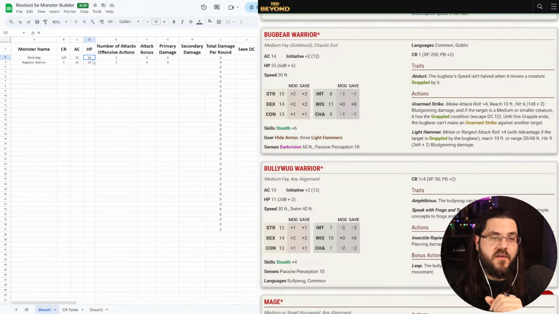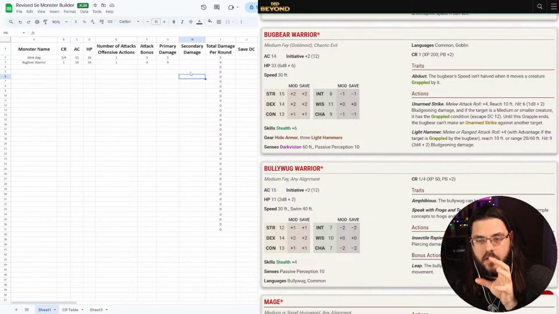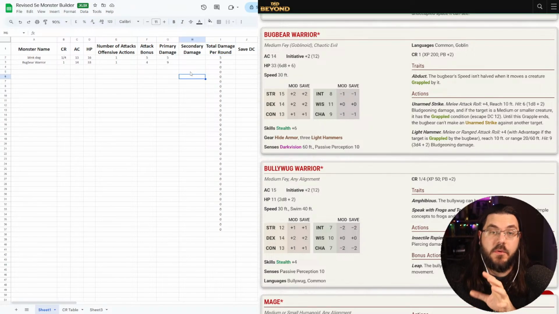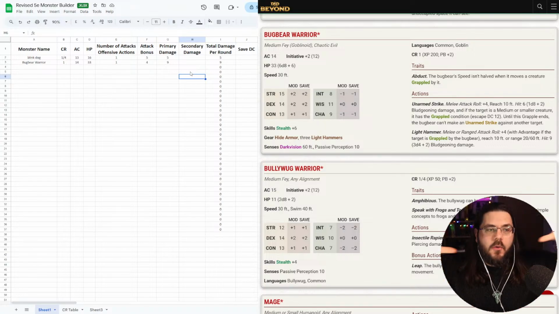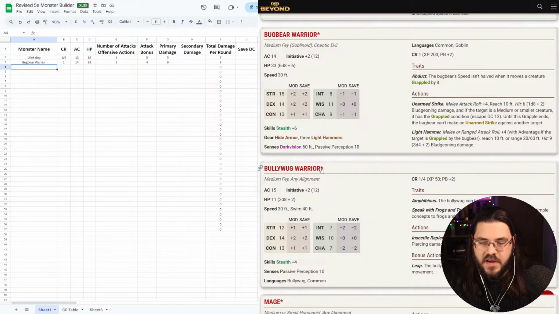There's quite a bit of difference in HP, and a little bit of a difference in the damage per round. So I'm interested to see whether that continues and how it plays out specifically for our low level stuff. So, here's what we're gonna do.